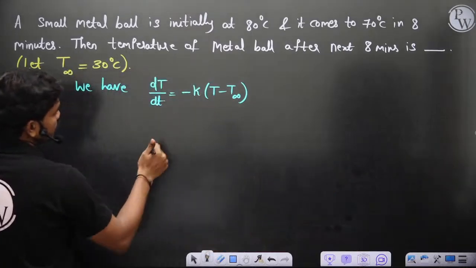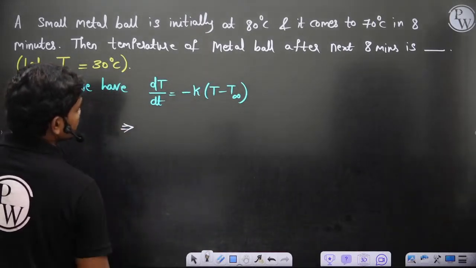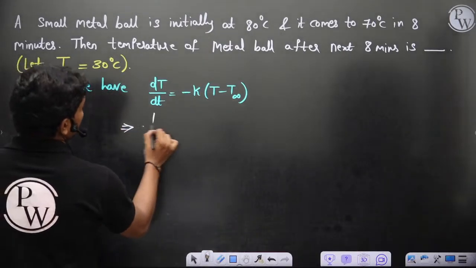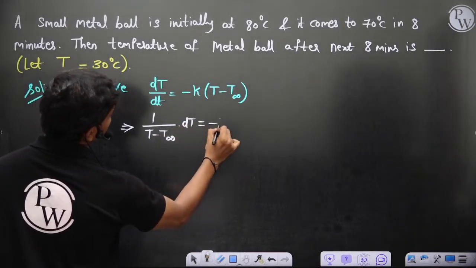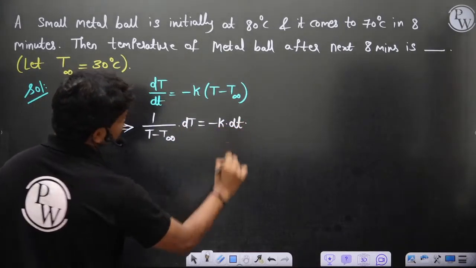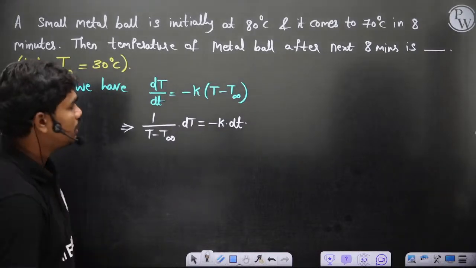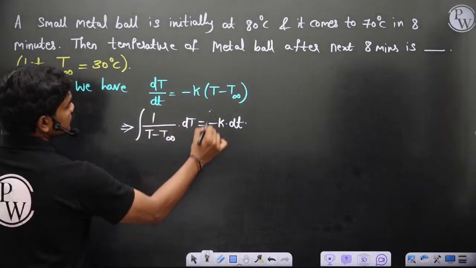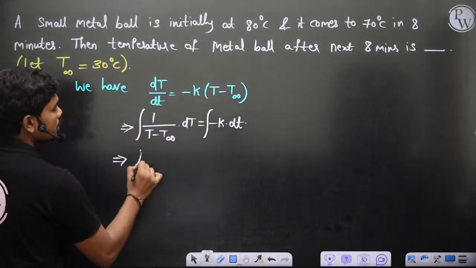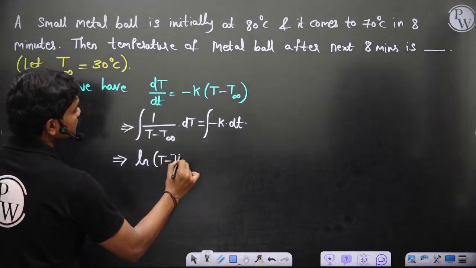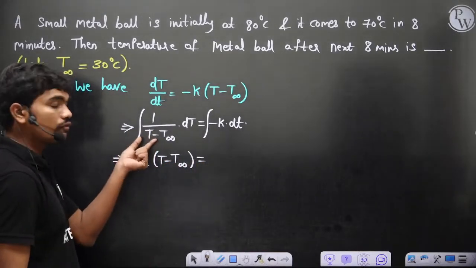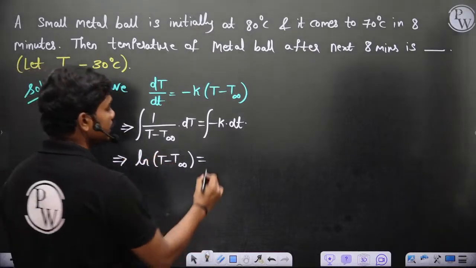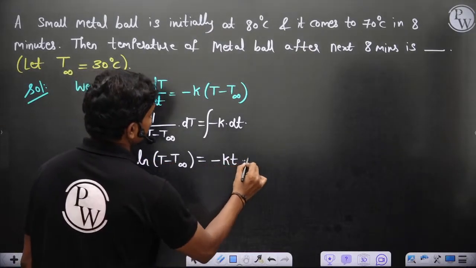It's a differential equation. It can be written as 1 by (T minus T infinity) dT equal to minus k dt. Let's integrate this. Integration of 1 by this function gives ln(T minus T infinity) equal to minus kt plus a constant.